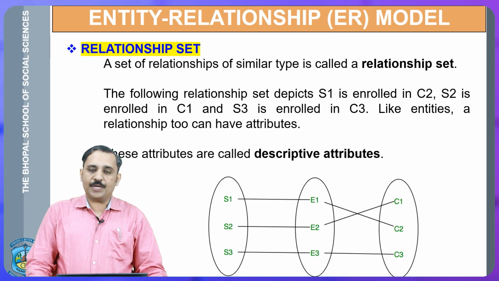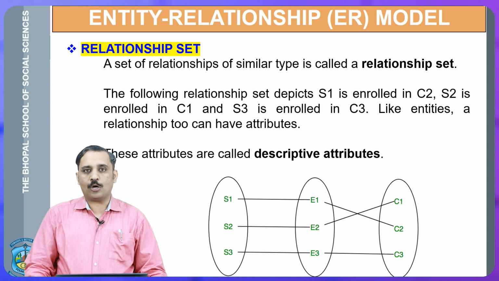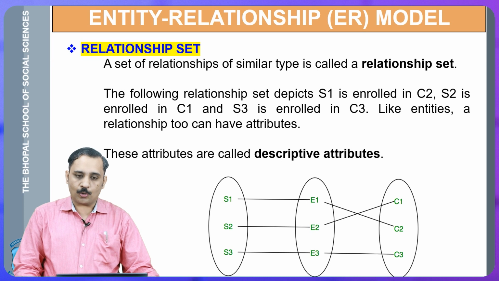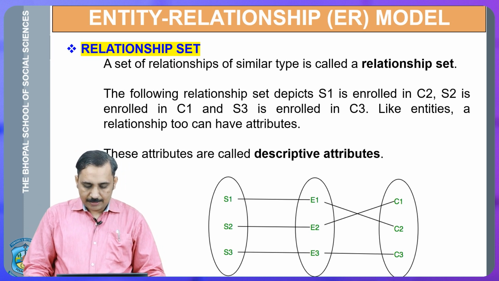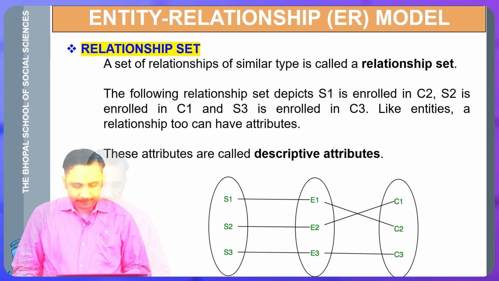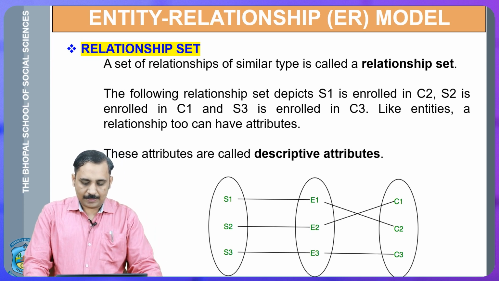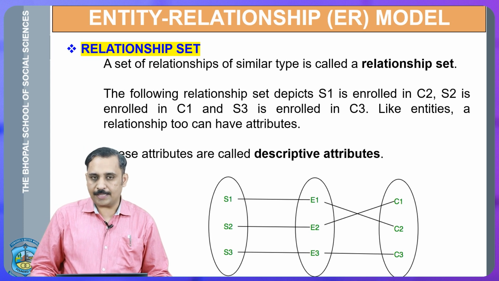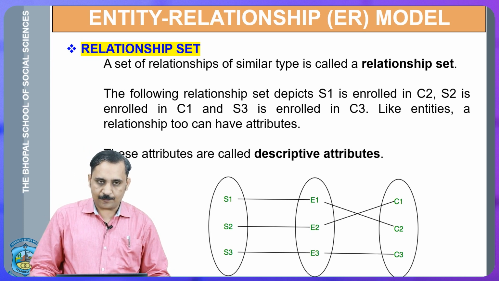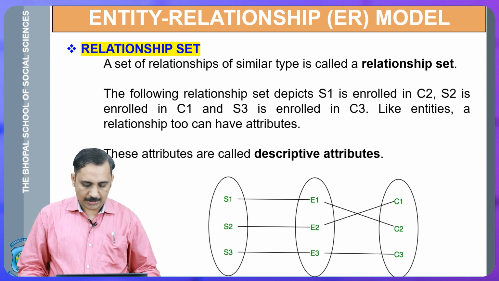Next is relationship set. A set of relationships of similar type is called a relationship set. Set means a group. So, a group of relationships is called a relationship set. Here in this diagram, S1, S2, S3 represent the records of the first entity, the student, and C1, C2, C3 represent another entity, the course, and they are linked together by means of another relationship.